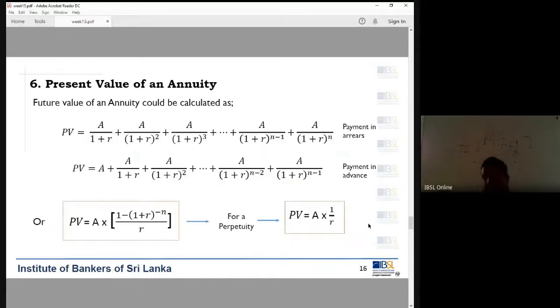Okay. Now previously we discussed something interesting, that is an annuity. That means a set of cash flows that is being nicely laid out for a defined time period. Perpetuity is an extension, we'll come to that in a little while.